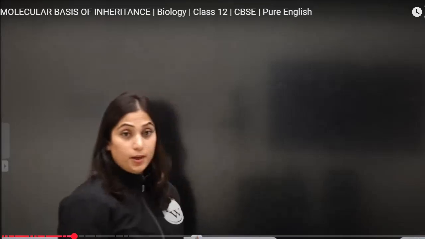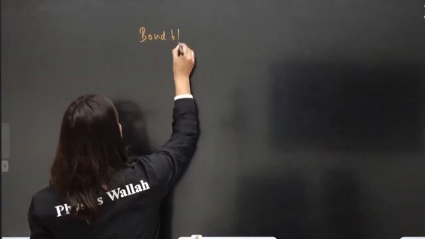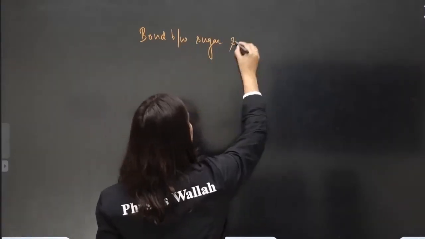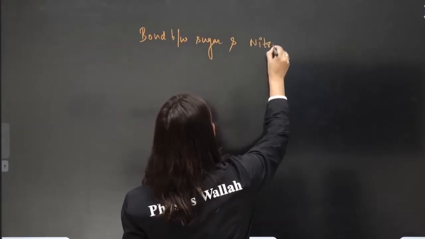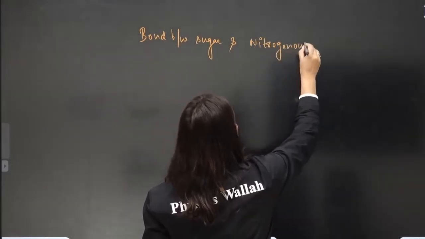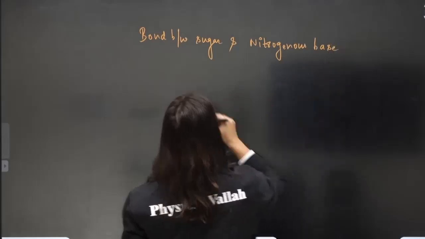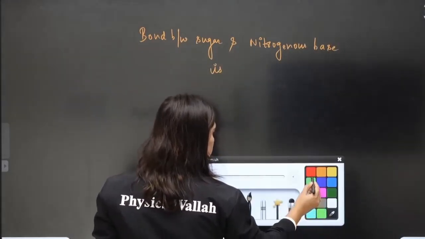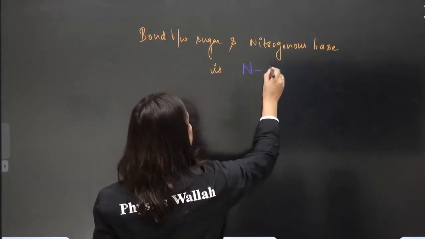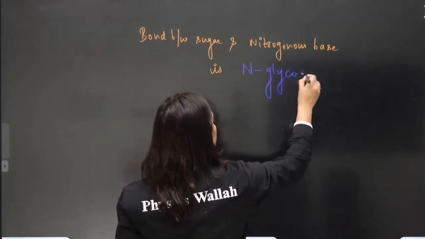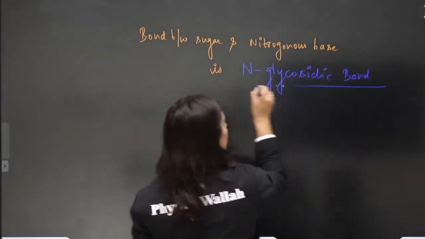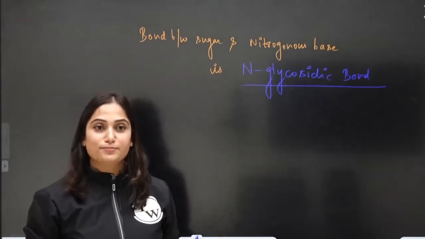The bond between the sugar and nitrogenous base is the N-glycosidic bond.